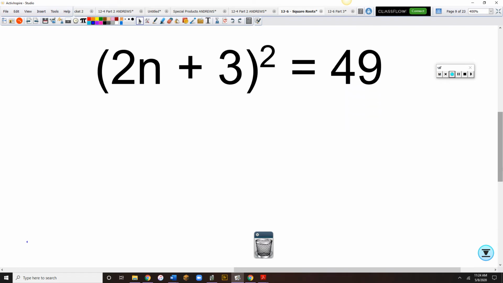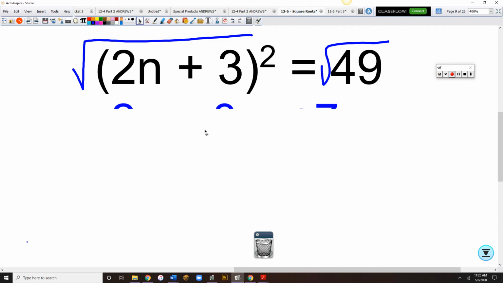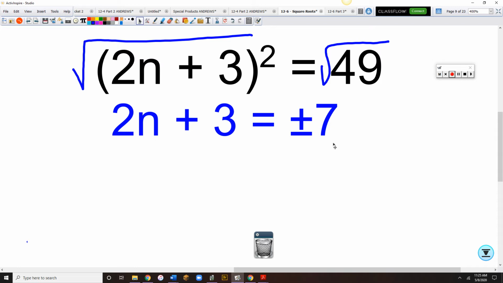Here's our next equation. Square root both sides. On the left-hand side, I'm going to have 2n plus 3 equaling plus or minus 7, the square root of 49.